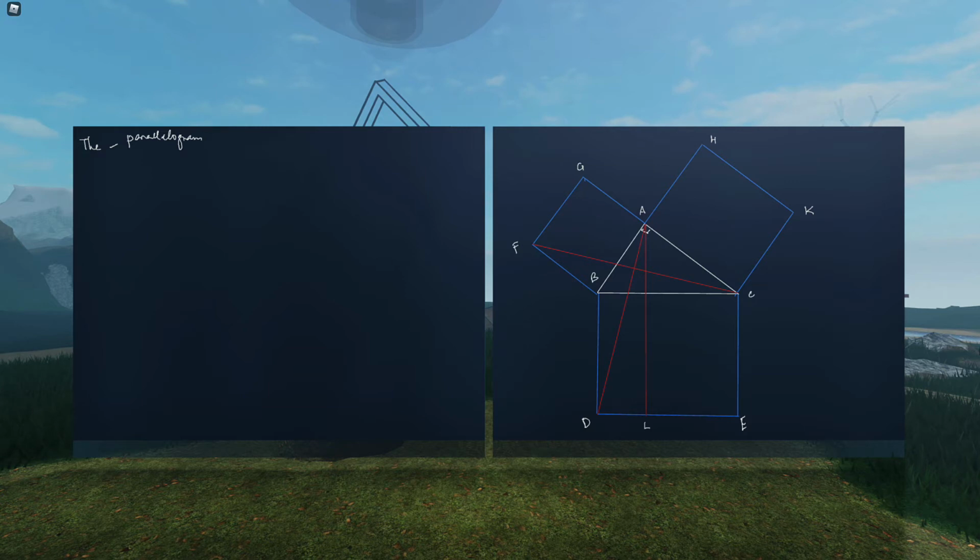So now we're going to relate areas of parallelograms to the triangles, right? So we're going to look at the parallelogram BL, and also look at the square GB.